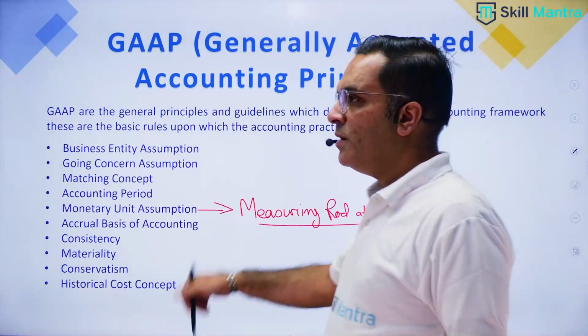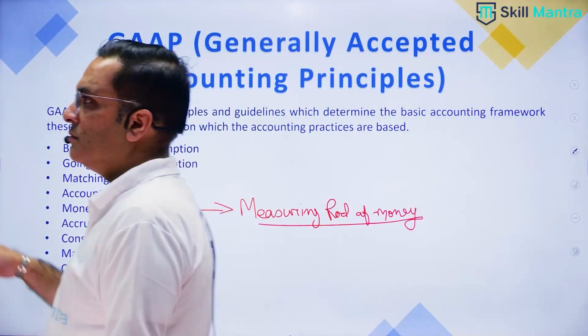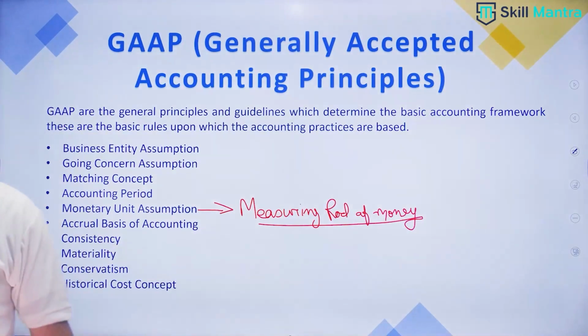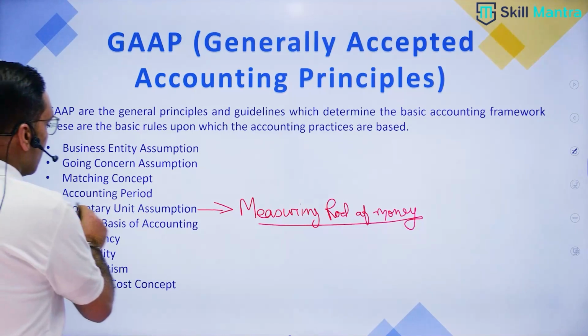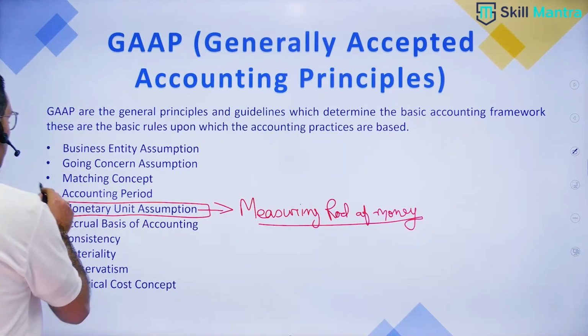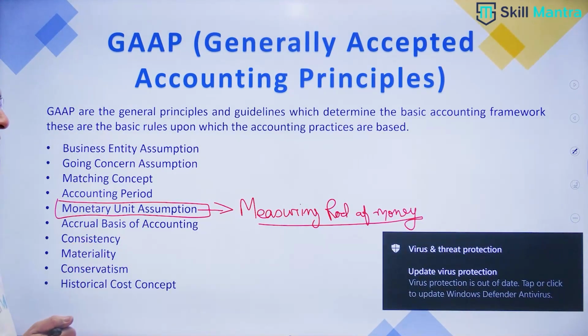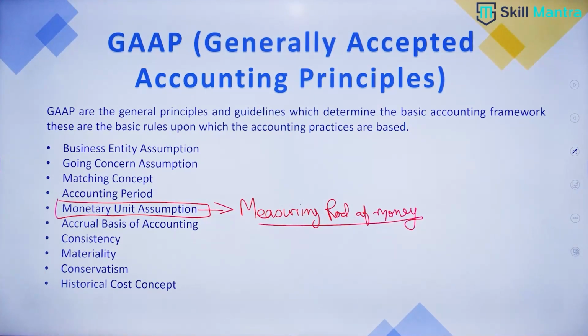Similarly, whatever you measure and record in accounting is capable of being measured with the monetary unit assumption, which may be in rupees, dollars, or whatever. Okay? So accounting is numbers, and numbers have units.